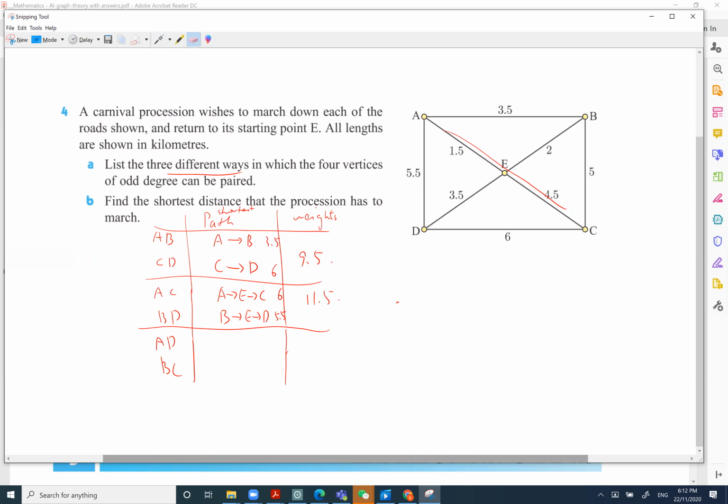AD, A to E to D is shorter, which is 5. BC, just B to C, which is 5, total 10. So we are going to repeat AB and CD.